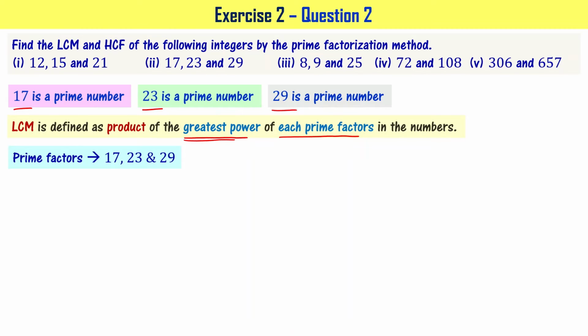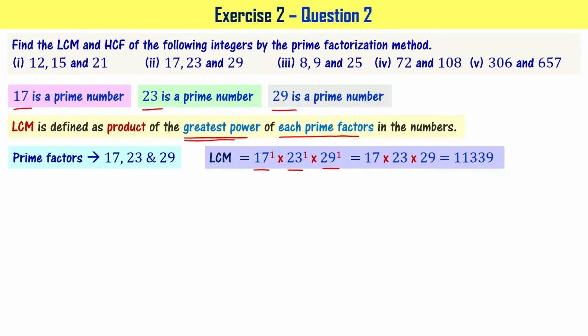So LCM is going to be 17 power 1 times 23 power 1 times 29 power 1. When you multiply all these numbers, you get the answer as 11,339.